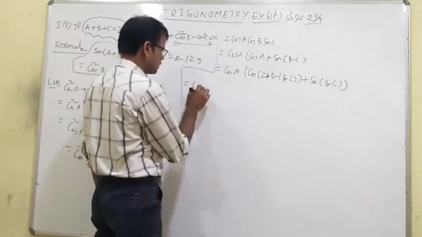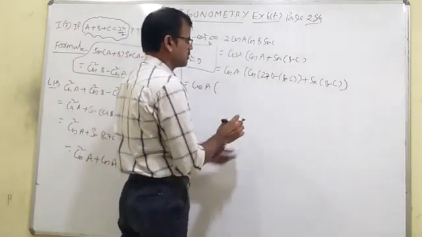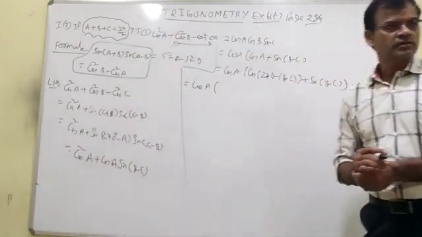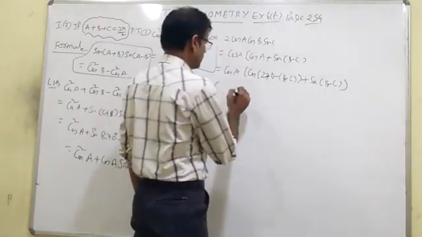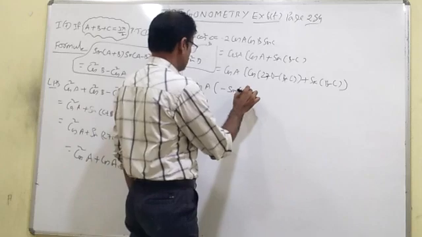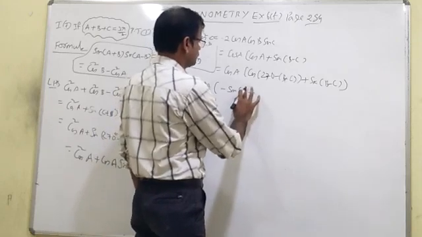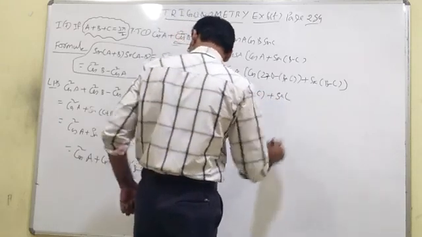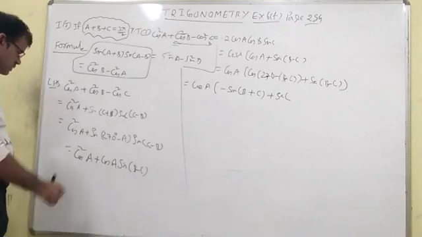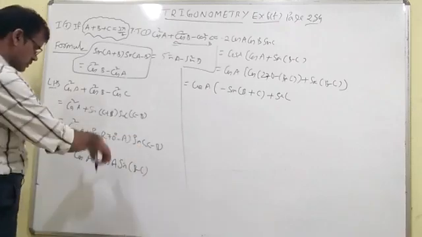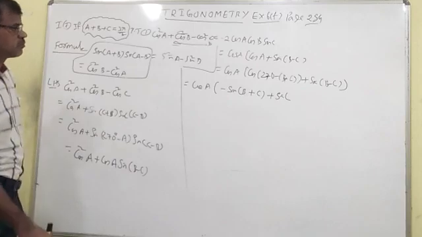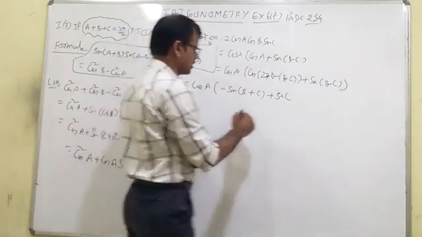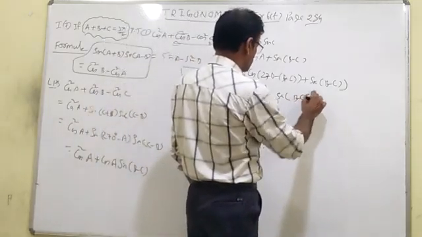That is equal to cos A into, this is the value of cos 270 minus theta, minus sin theta, minus sin of b plus c. Sin 270 minus theta is minus cos theta, and sin of c minus b becomes sin of b minus c. Minus of minus becomes plus cos A into sin of b minus c.